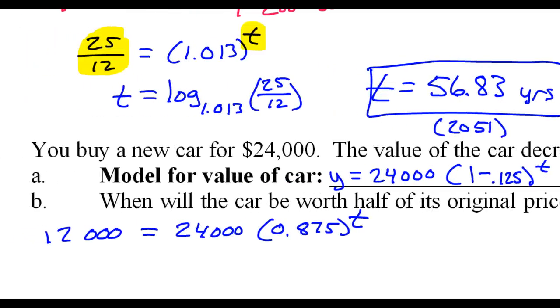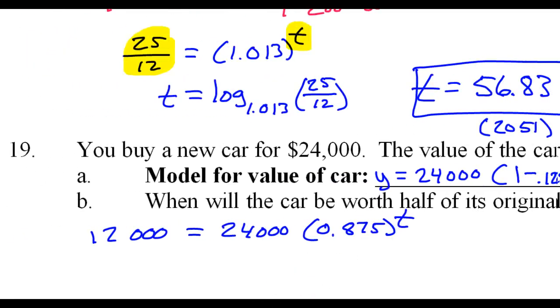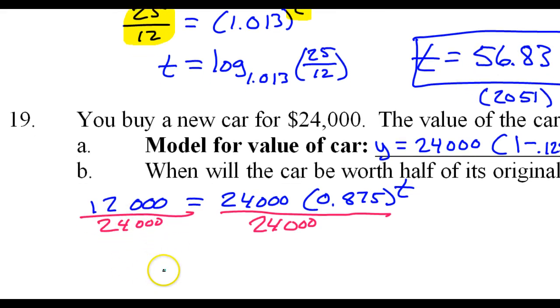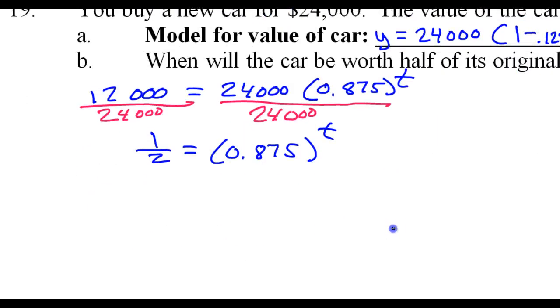So what is the t that we are looking for? If we divide both sides by 24,000, of course we're going to get 1/2, because it's half of its original value. We set it up that way. So this is going to be 1/2 equals 0.875 to the t power.